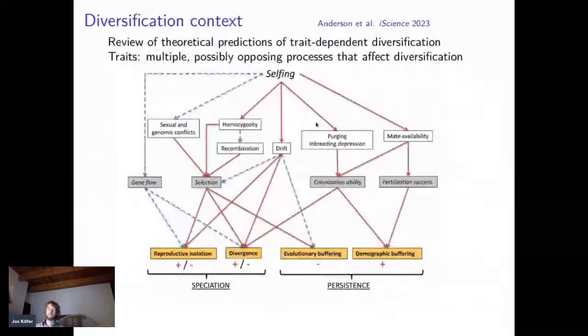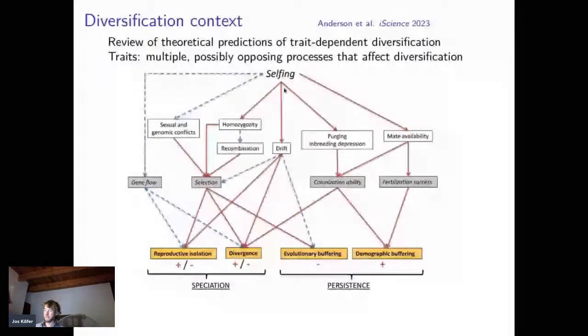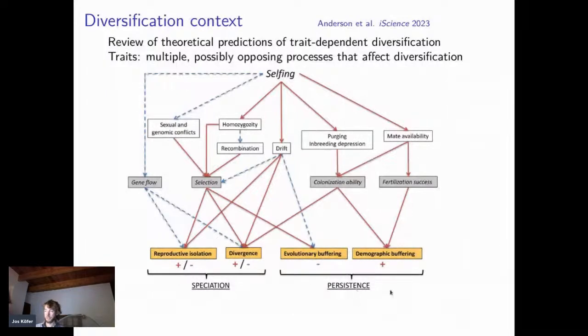What you can see from this drawing is that there are lots of ways that a trait will influence either speciation, which is one component of diversification, or persistence, which is the probability of not going extinct. So it's 1 minus extinction.